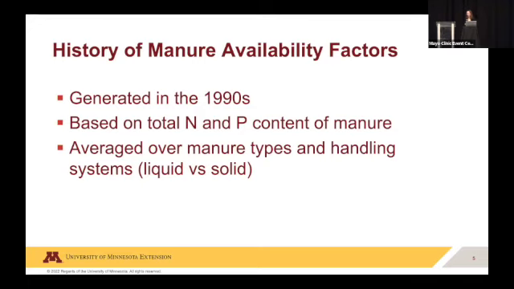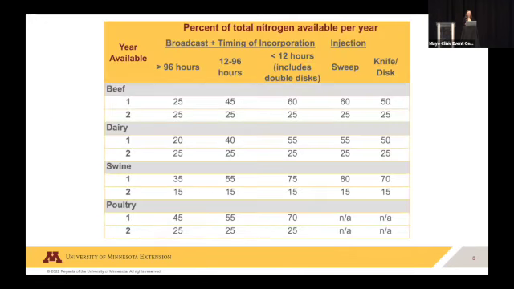Currently today, these are our current guidelines for determining nitrogen availability. We have beef, and then year 1 availability and year 2 availability, dairy, swine, and poultry. One of the main things that affects how much nitrogen is available is the ammonia content and how you incorporate the manure.